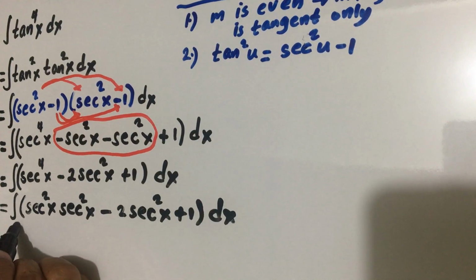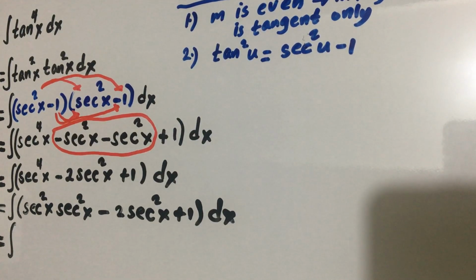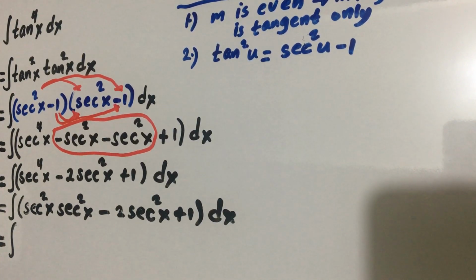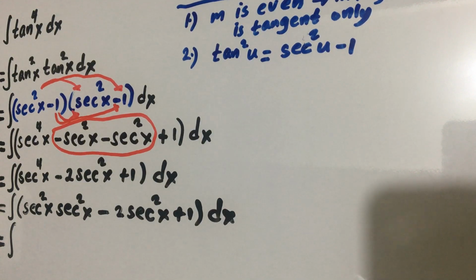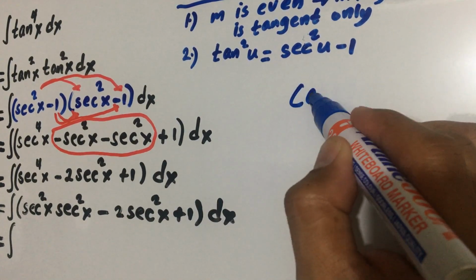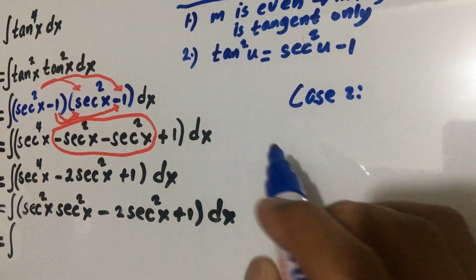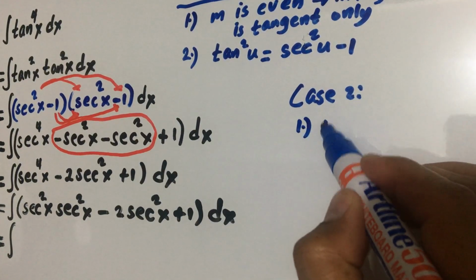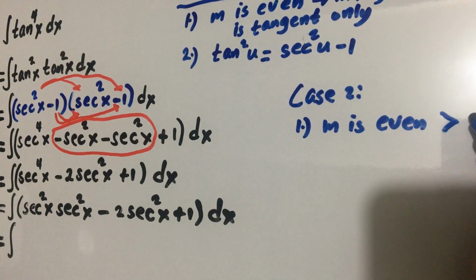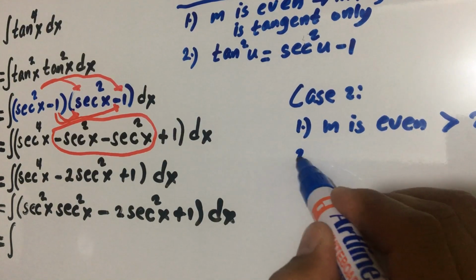So we apply here case 2 as well. In case 2, as shown a while ago, m is even and greater than 2, so we have to factor out.